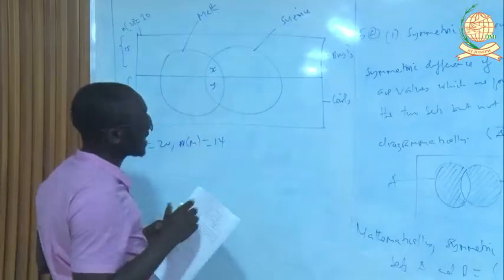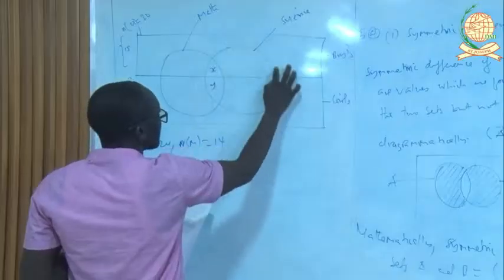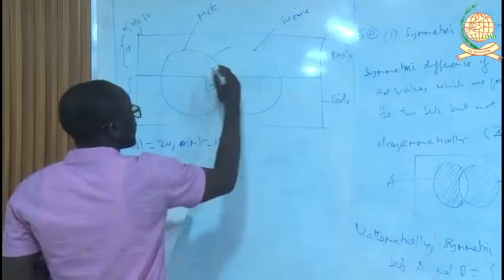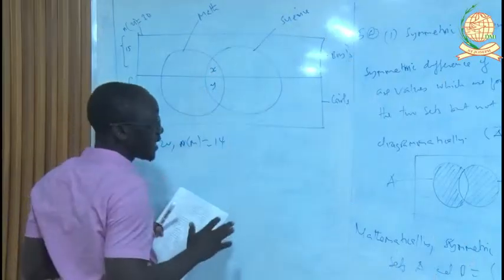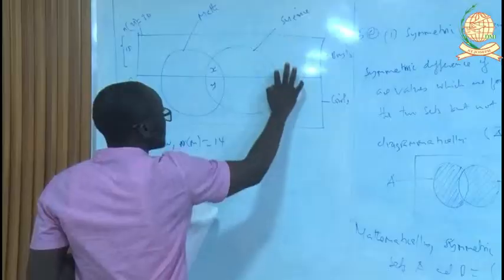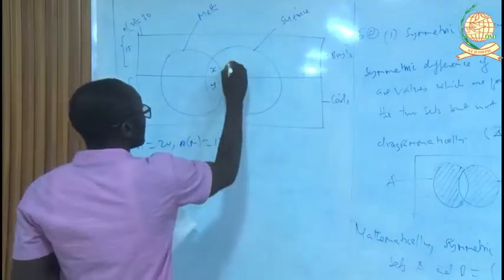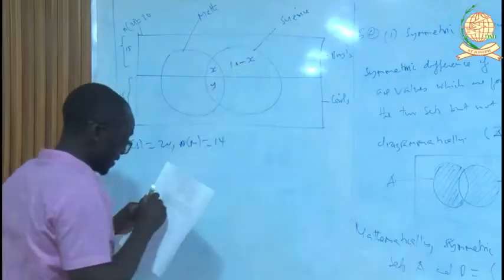So if 10 boys take science, it is this small circle. Because boys are the upper part, and 10 boys are taking science, all these are 10. So if you have named this X, then the remaining one is 10 minus X.